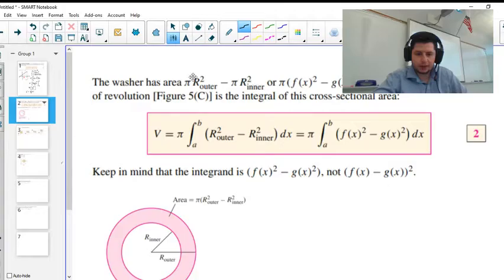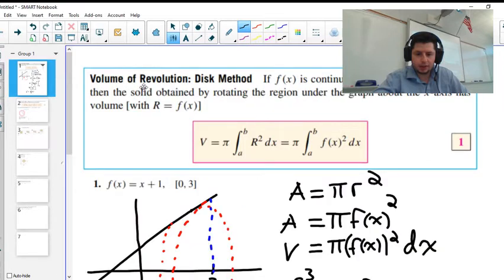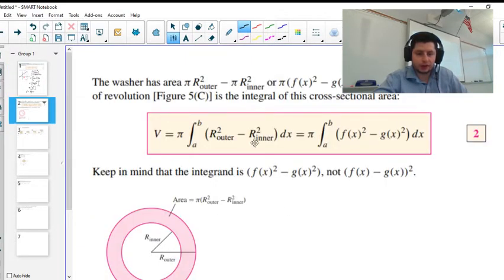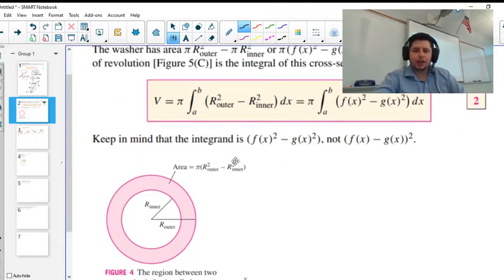Okay, so the next idea is basically the same as what we were just doing. We're considering these disks, just in this case, we have two functions. So think of this just like where you're finding the area between two curves, just like we did previously on Friday.